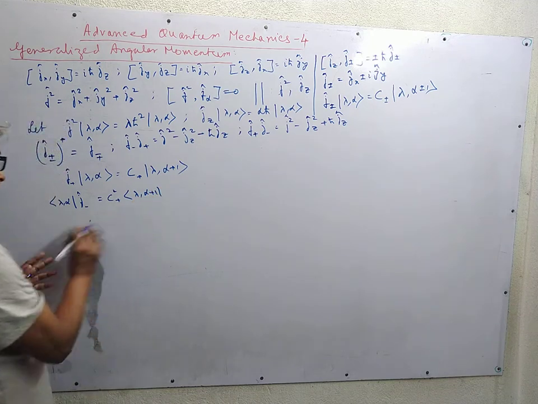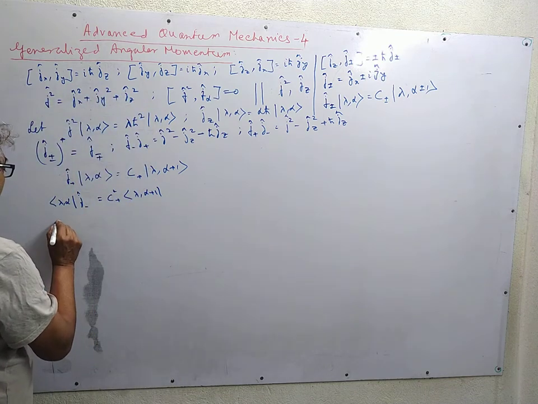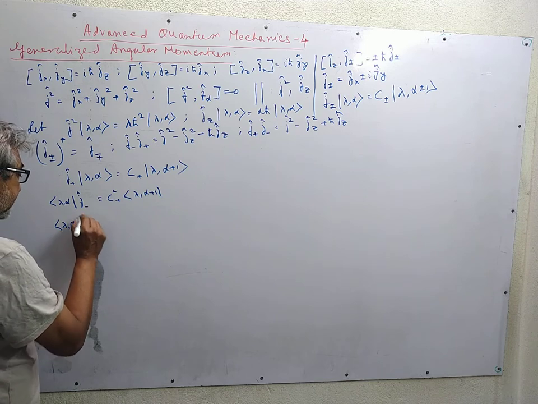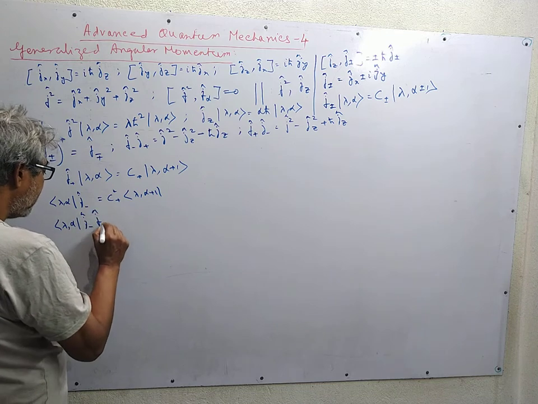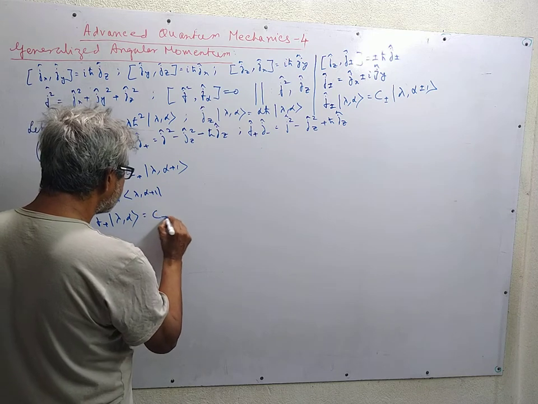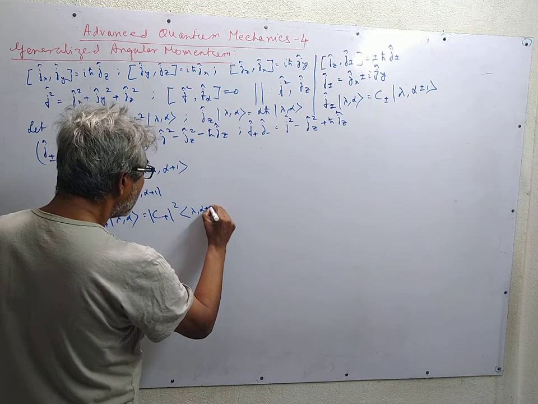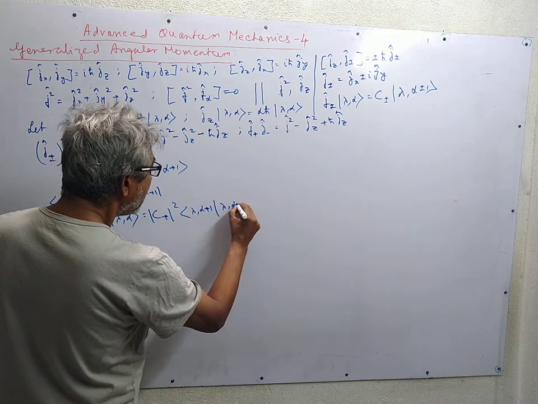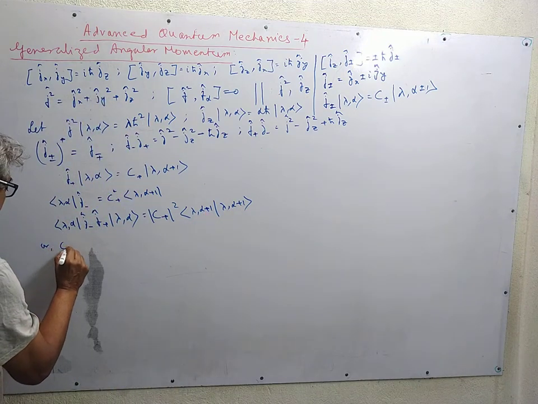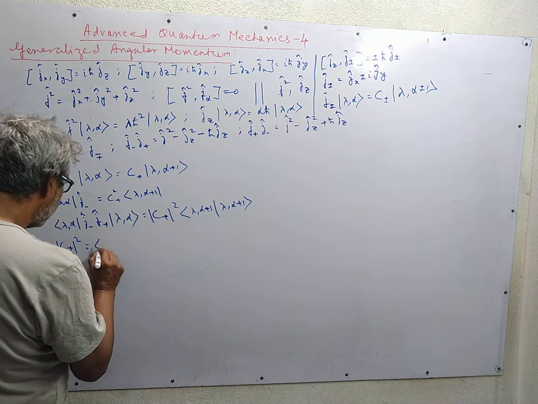If we take the inner product of these two relations, we get lambda alpha J minus J plus lambda alpha, and on the other hand side C plus modulus square is equal to this thing.